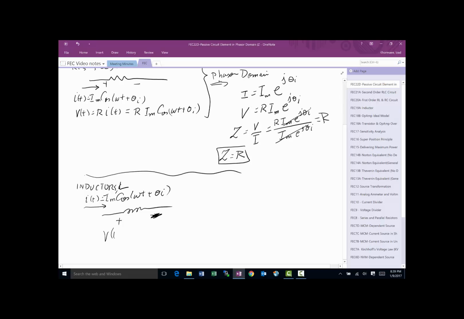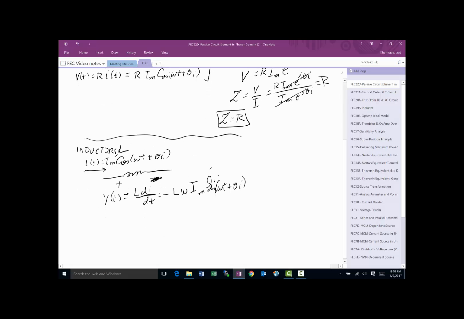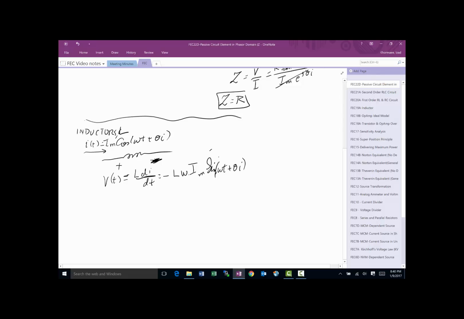V of t, we know in an inductor, is L di dt, which means I take L and multiply by the derivative of the current. The derivative of cosine is minus sine, so we've got minus L omega Im sine of omega t plus theta I. From the work we had done earlier, you know that we have to take this to a cosine.